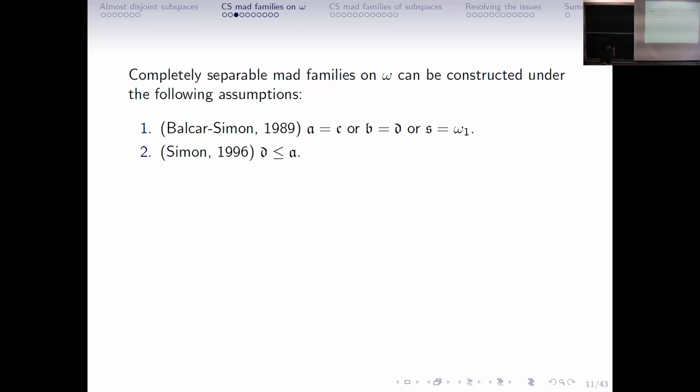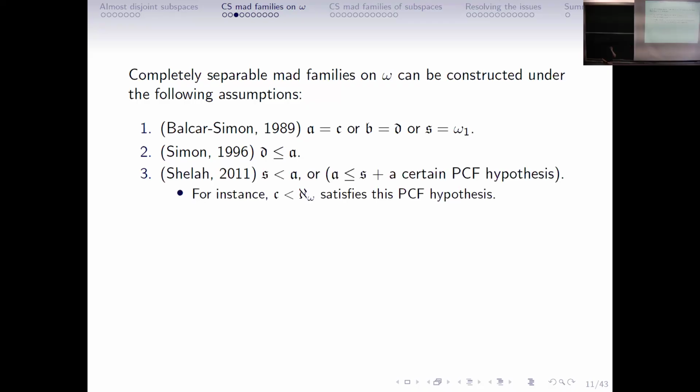Going back to the efforts on trying to answer the question that Dilip just mentioned, whether there is one in ZFC. So Shelah came pretty close in 2011 when he showed that either S is strictly less than A, or the other way around, but assuming a certain very weak PCF hypothesis, which, for example, holds if the continuum is less than aleph omega.